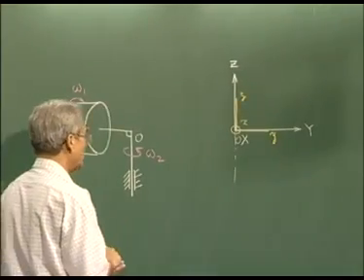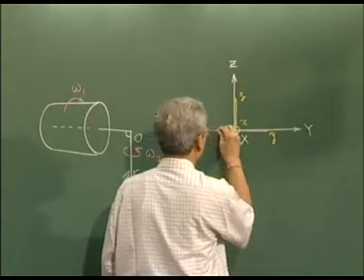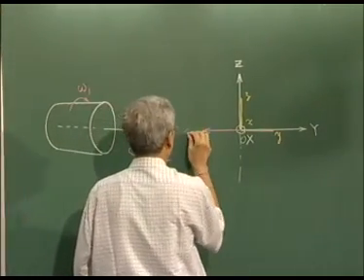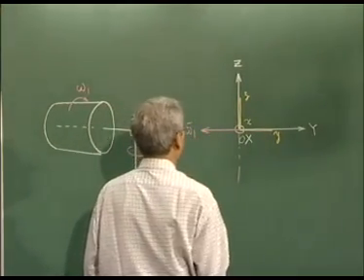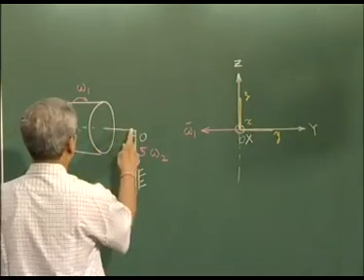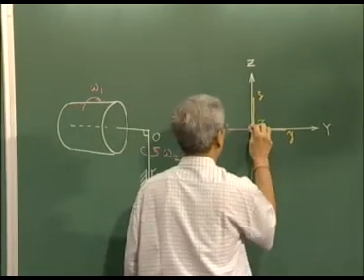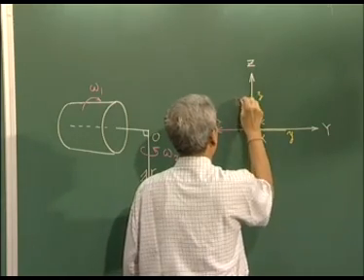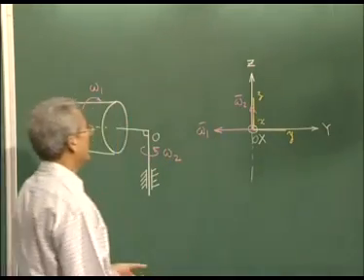The angular velocity components, that means the velocity of the body about the shaft, is omega 1, and velocity of the shaft itself or the axis of rotation itself is omega 2.